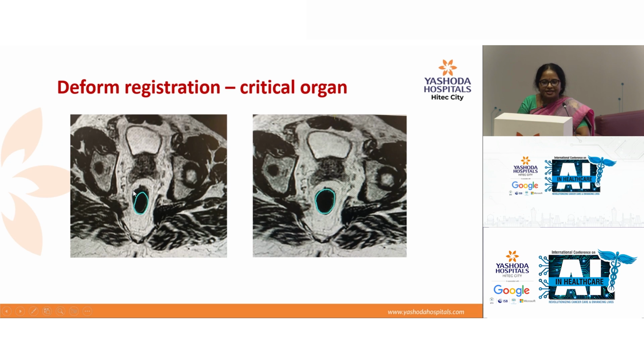But you cannot just go ahead directly with the planning, because if you do not draw the target, the system will not show the dose which is exactly received by the tumor, by the critical organ. So immediately, with one single click, this is how the automatic deformation will help us with the proper contouring of the rectum.